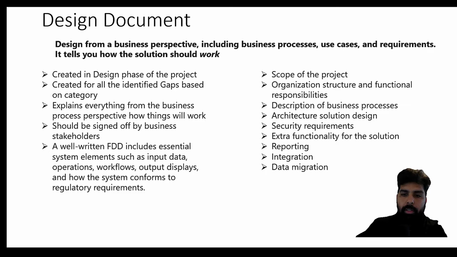Now, the typical information which should be documented as part of our design document: a clearly written scope of the project, organization hierarchy and functional responsibilities, description of business processes, architecture and solution design, security requirements if we have any, extra functionality for the solution, and any impact on reporting, integration, and data migration.